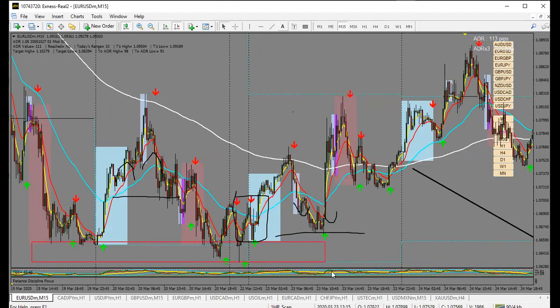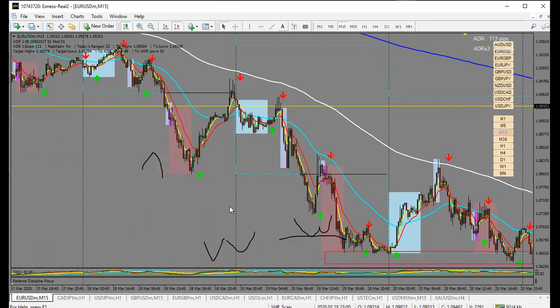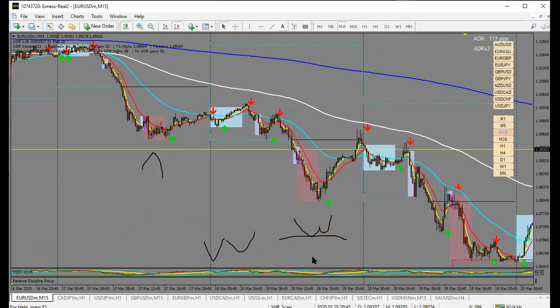Here is type 2 right here. The low of the Asian is being maintained right there. That's type 2. You can see the same thing happened on the previous day, respecting the low of the Asian. So basically, that's all about the London patterns.